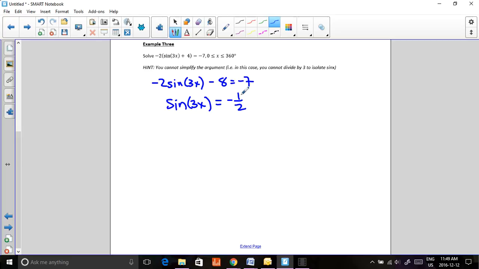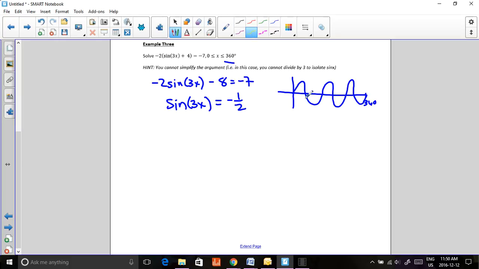Notice that sine 3x means the period is now only 120 degrees. Notice again, this is in degrees. To get to 360, it's going to have 3 periods: 1, 2, 3. It doesn't have to be perfect because you're just looking at how many answers you need.